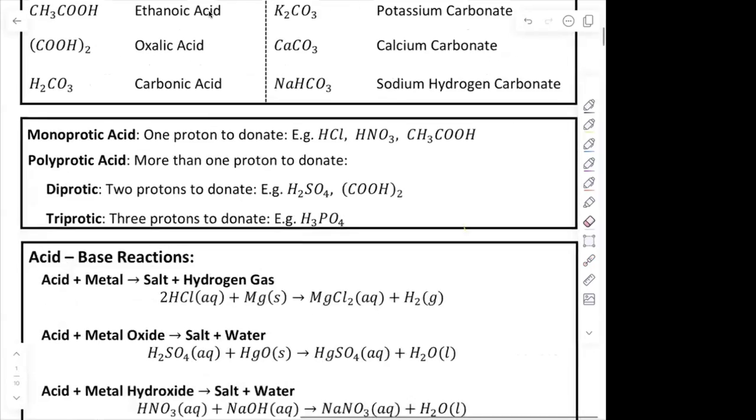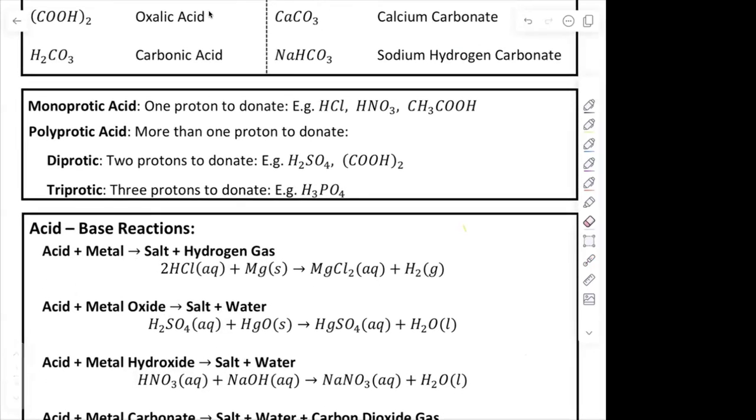Okay, then the types of acids that we are dealing with are monoprotic, diprotic, triprotic, and polyprotic acids. A monoprotic acid is an acid that only has 1 proton to donate. Something like HCl only has 1 H to give. HNO3 only has 1 H to give.